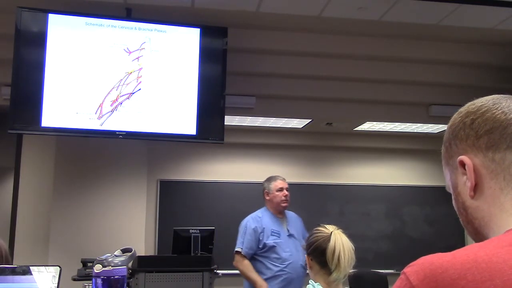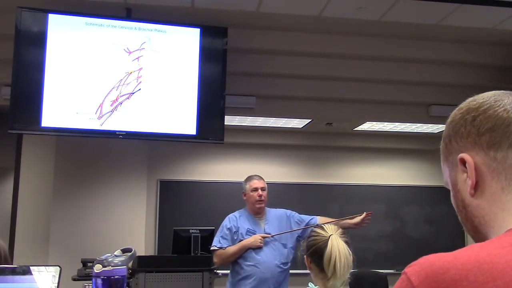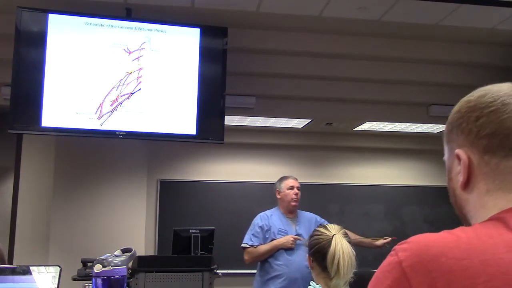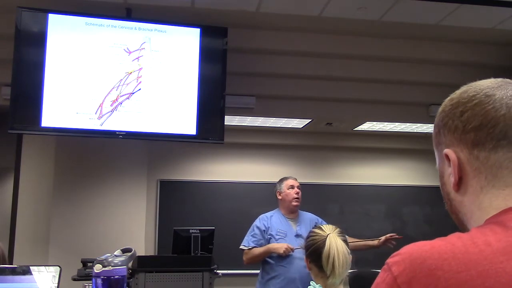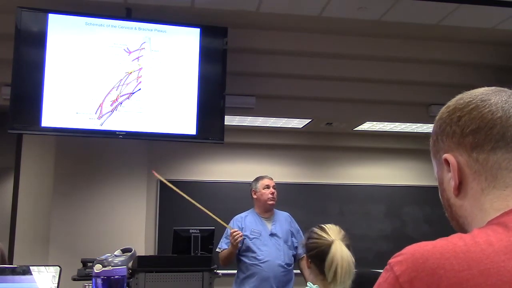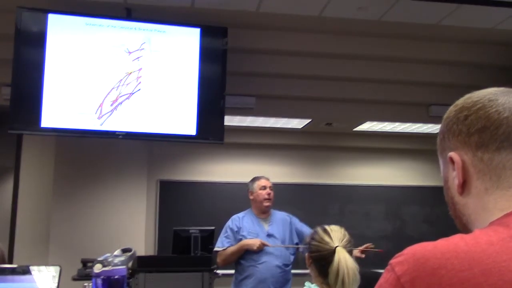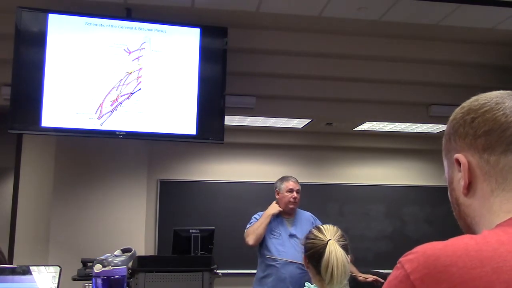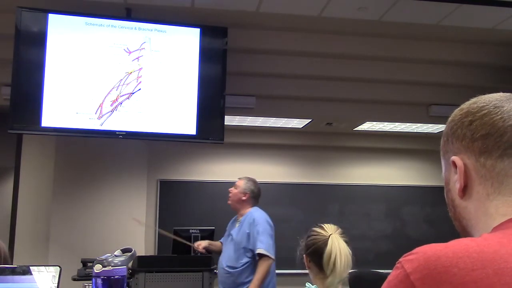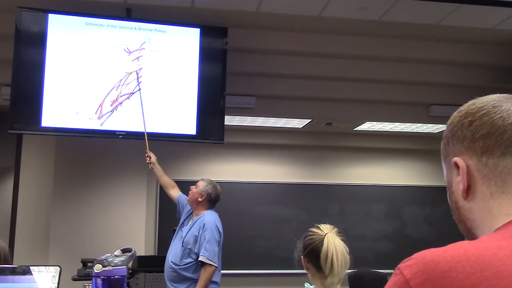The brachial plexus supplies the upper extremity. The cervical plexus supplies the neck. You're going to dissect all of these nerves before we get to the end of the upper extremity, but today, for this first test, we don't have to worry about the brachial plexus.